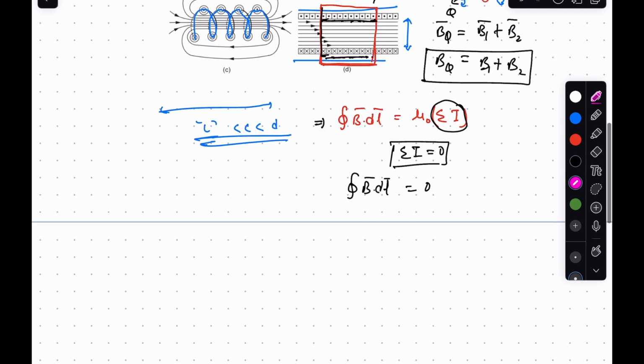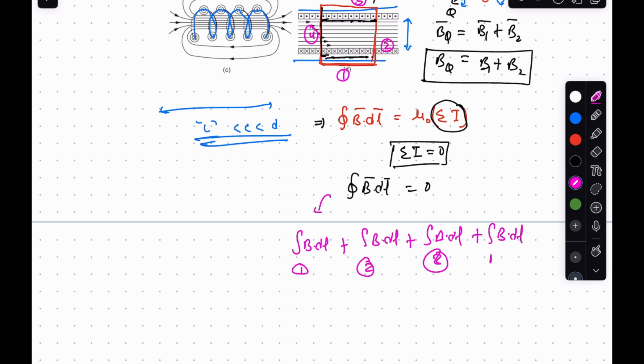If I break it into parts, because this loop has these parts, let's name them 1, 2, 3, 4. Then the integration of B·dl for 1 plus the integration of B·dl for 2 plus the integration of B·dl for 3 plus the integration of B·dl for 4 equals 0. Now for this one, let me mark it, the B·dl integration must be 0 because the magnetic field is like this and this is like this, so the angle is 90 degrees.